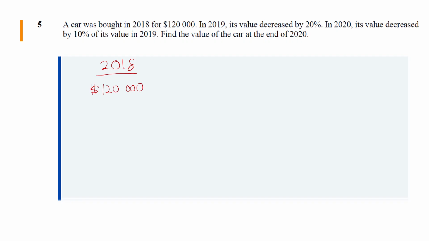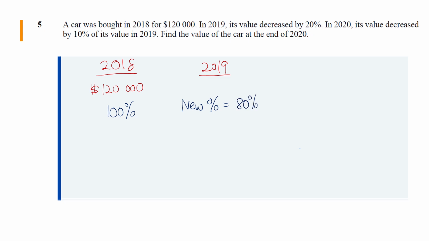And then when it comes to 2019, it decreased by 20%. Now, your 2018, always remember the original value is always taken as 100%. So if it decreased by 20%, that means your new percentage that we need to find will be 80%.